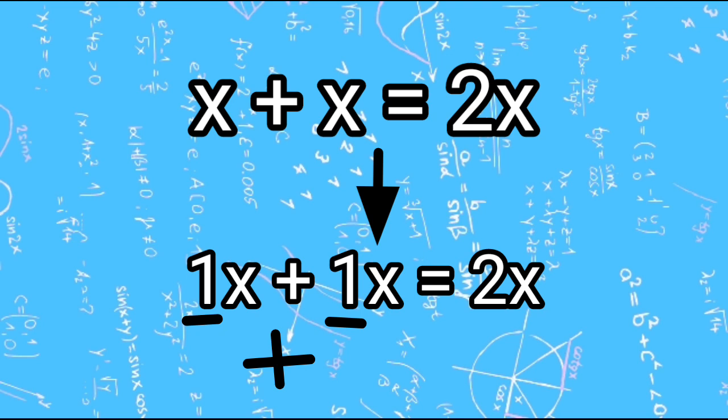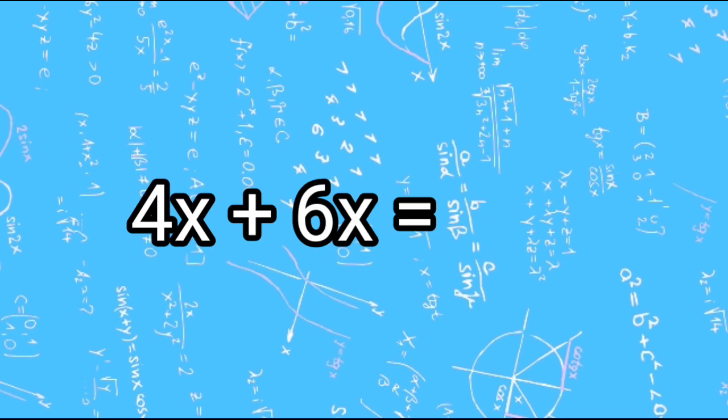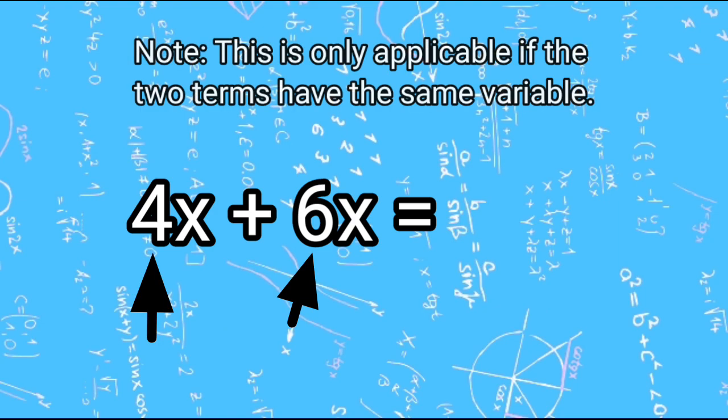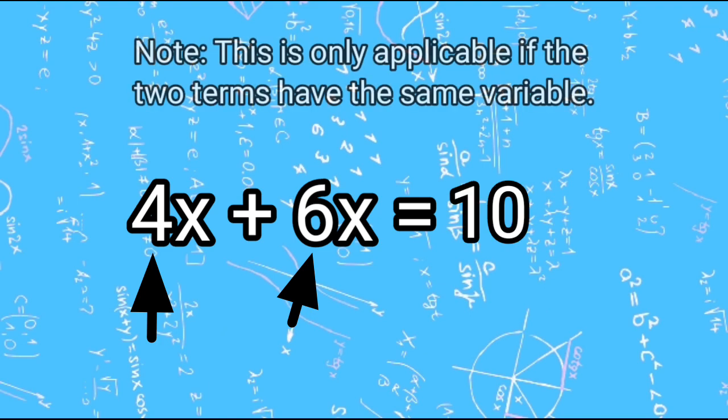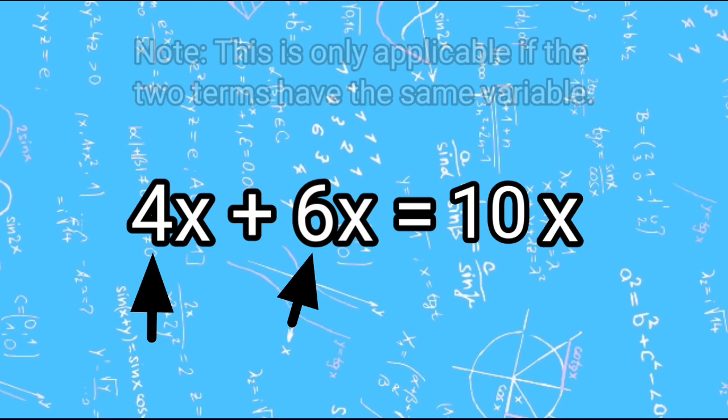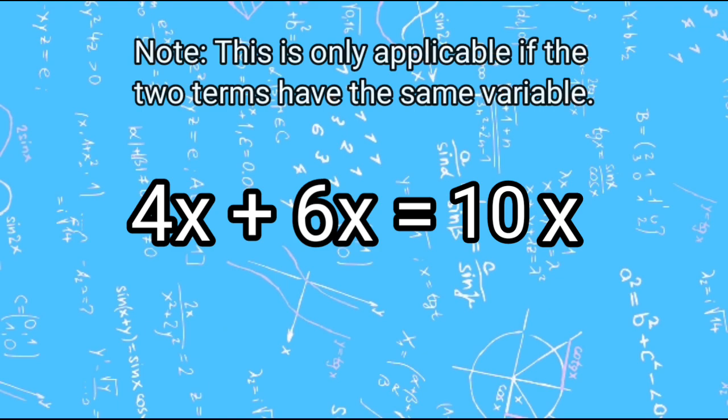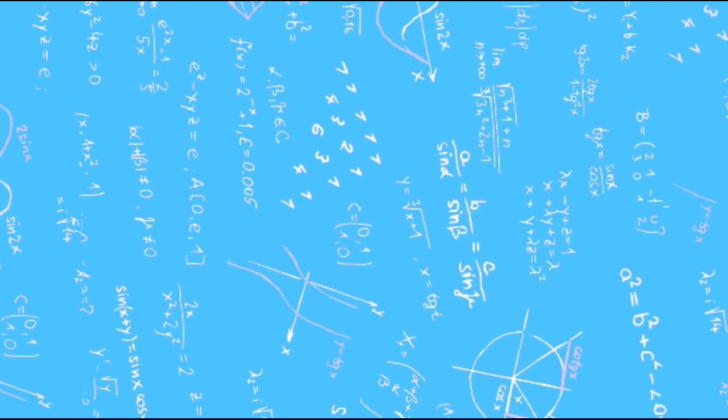For example, we have 4x plus 6x. So, adding the two numerical coefficients, we have 4 and 6, that is 10. And then copy the variable, which is x. So 4x plus 6x is equal to 10x.